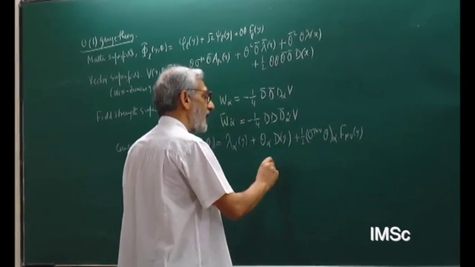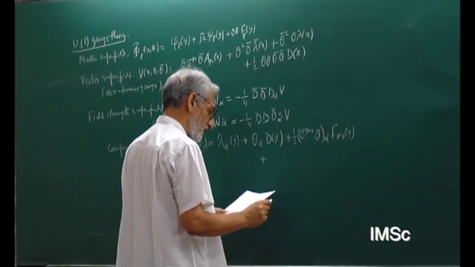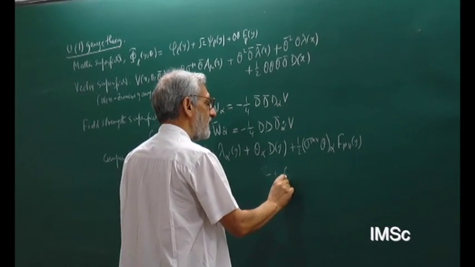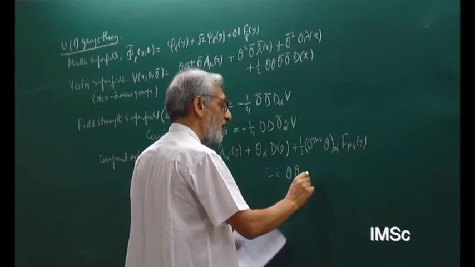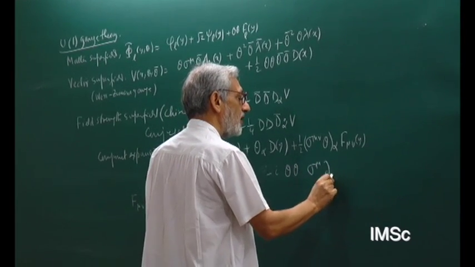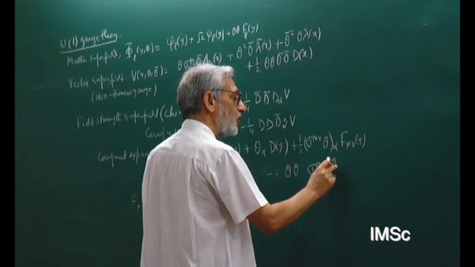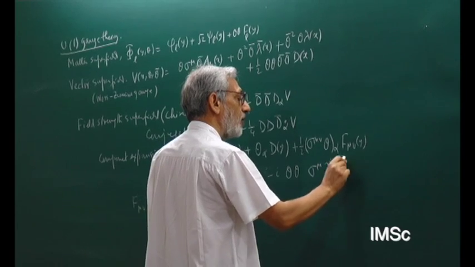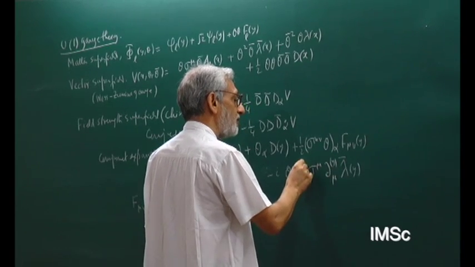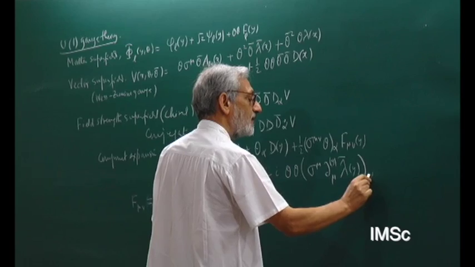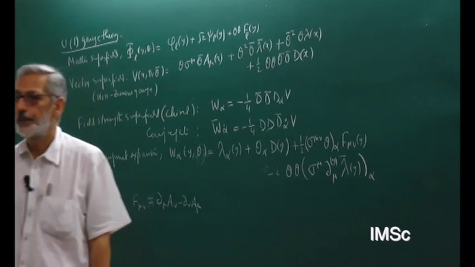And a theta squared component, minus i theta theta sigma^mu partial_mu derivative with respect to y of lambda-bar, the alpha spinor component.